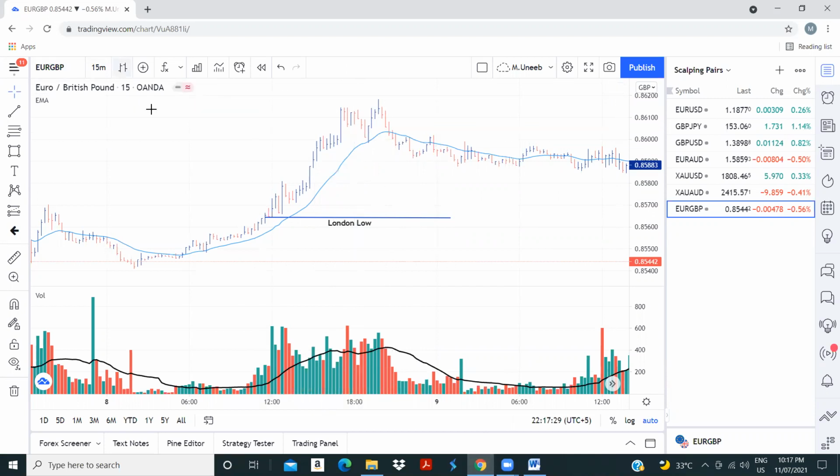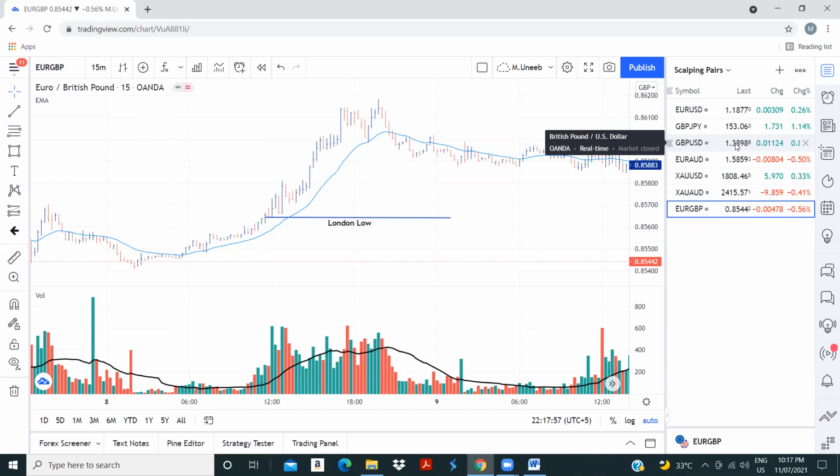But this is not a suitable asset for New York. Gold is a very good asset for New York, because during the New York Open there will be volatility. You can trade Euro GBP because of the overlap between London and New York, so you can also trade the GBP pairs.